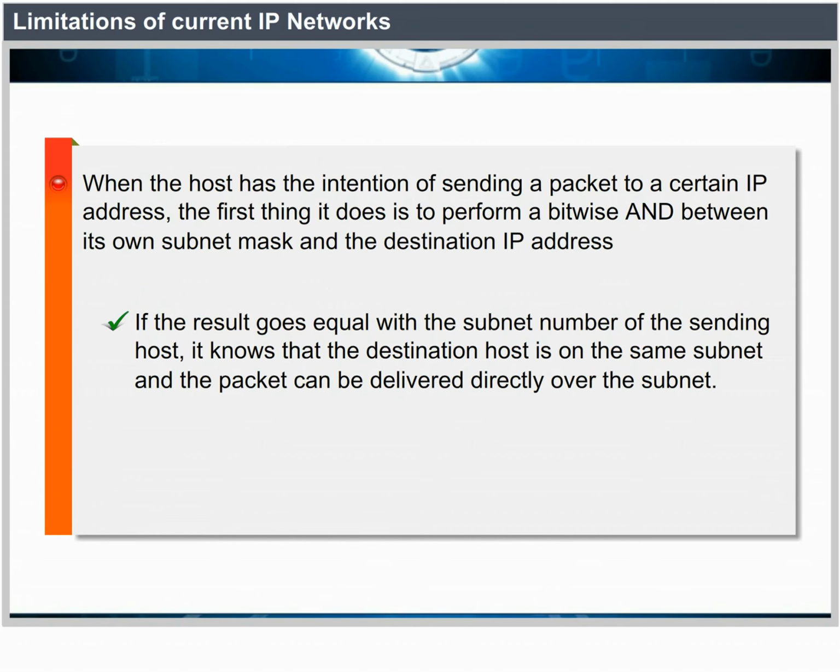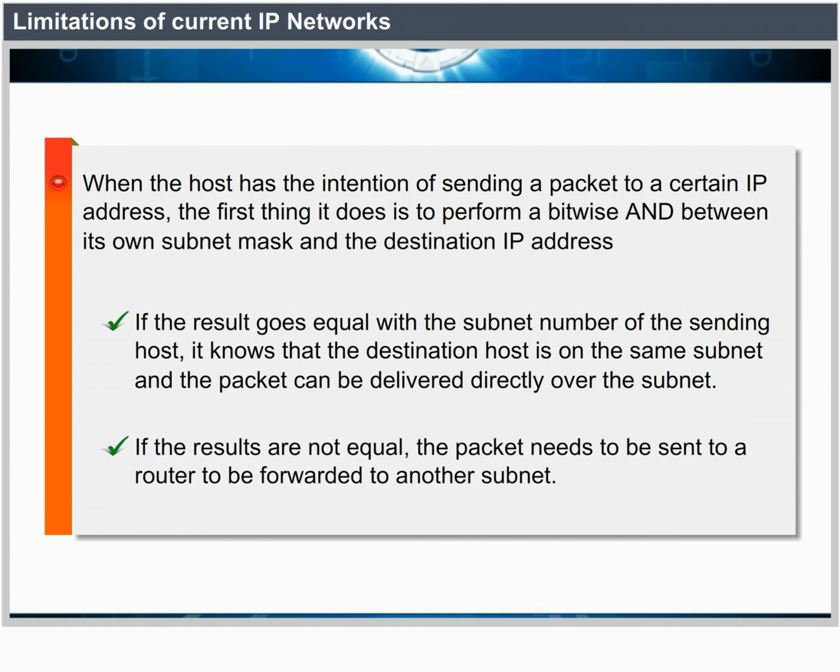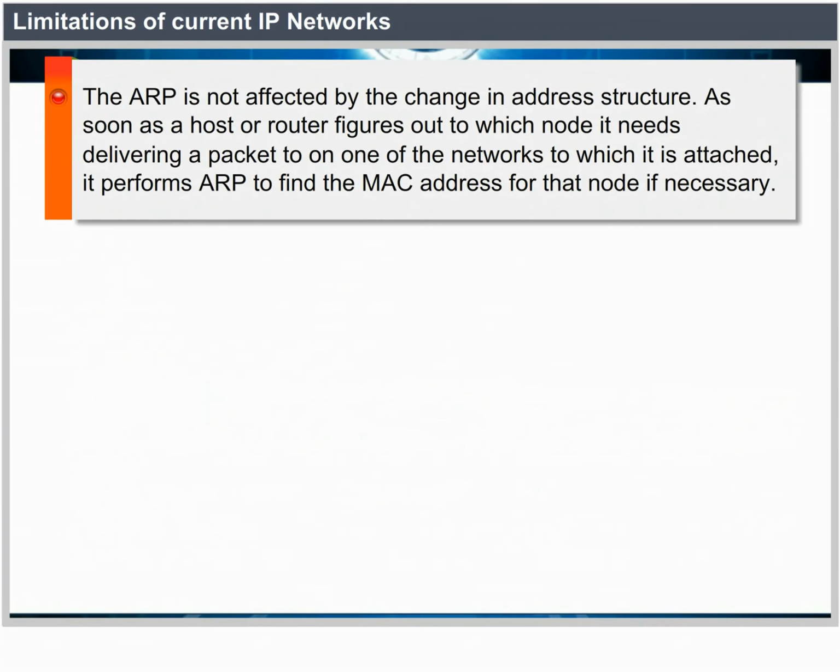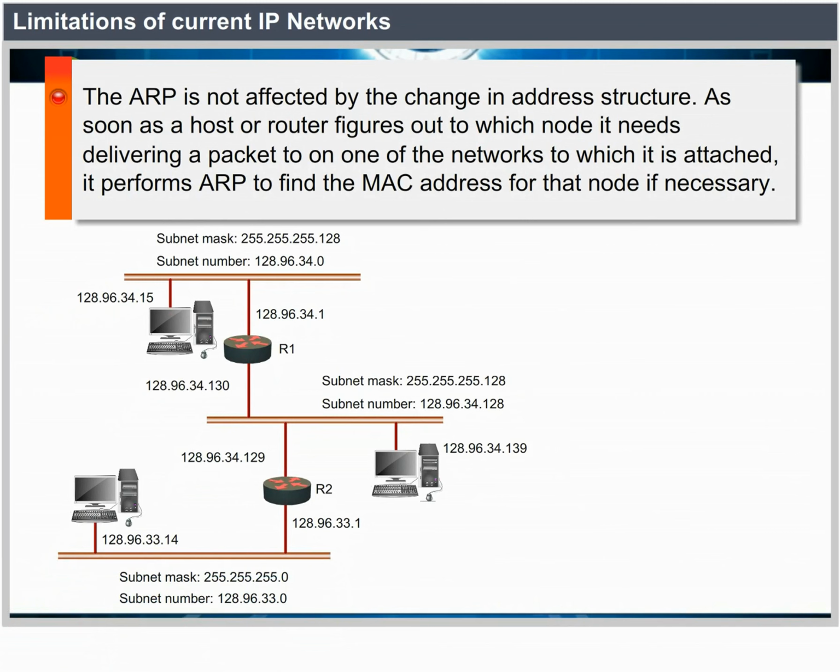If the results are not equal, the packet needs to be sent to a router to be forwarded to another subnet. ARP is largely unaffected by the change in address structure. Once a host or router figures out which node it needs to deliver a packet to on one of the networks to which it is attached, it performs ARP to find the MAC address for that node if necessary.